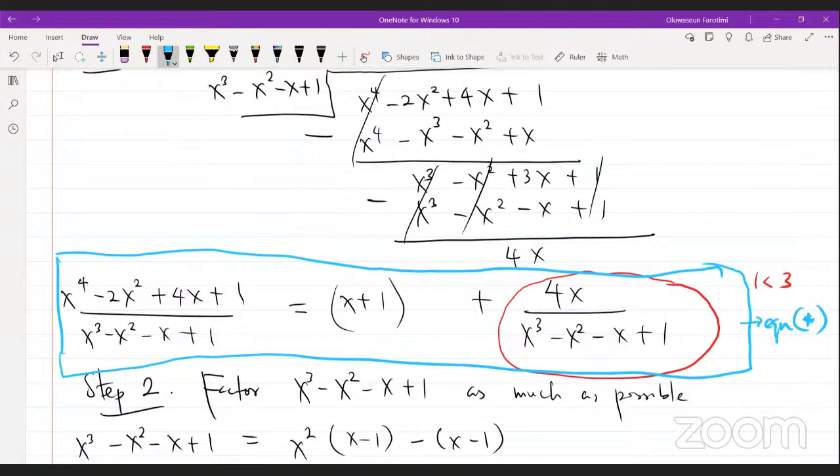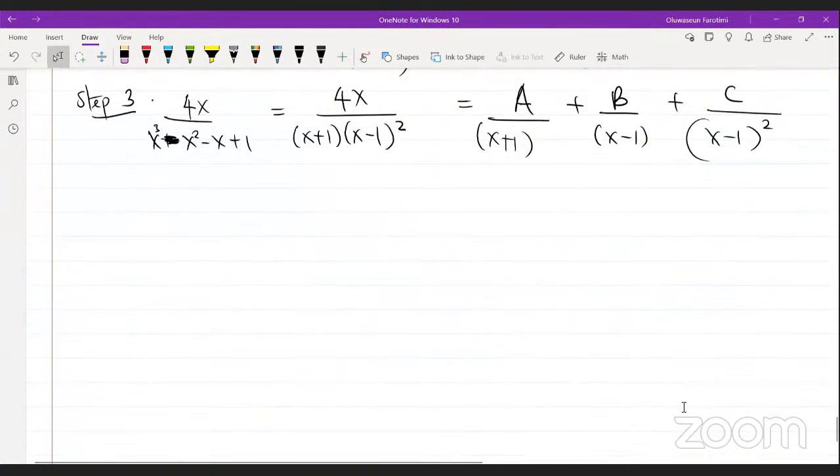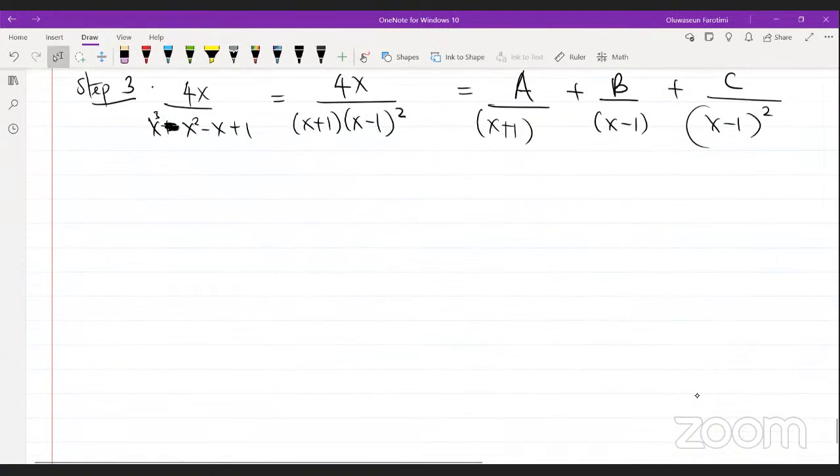Now remember that we're only actually dealing with the red portion so far from equation star. Why? Because x plus 1 is very easy to integrate. So because it's very easy to integrate, let me deal with the tough one first. Okay, so we're dealing with the tough one. We're going to be back to the easy one.